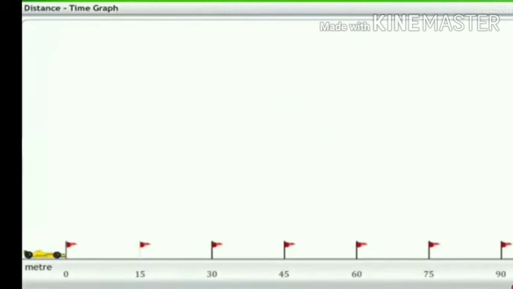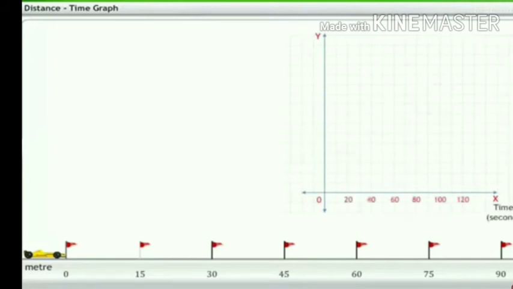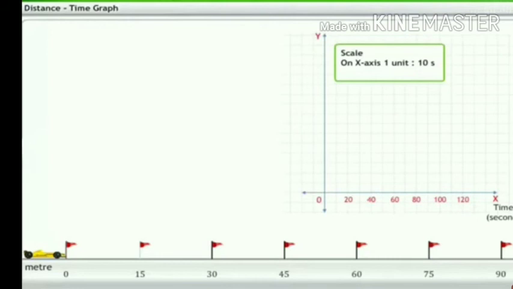Therefore, this graph will be a straight line graph. Examples of uniform motion are a freely falling body, the motion of a bicycle going down the slope of a road, and the motion of a ball rolling down an inclined plane, which are examples of uniformly accelerated motion. So, the velocity-time graph of a body having uniformly accelerated motion is a straight line graph.